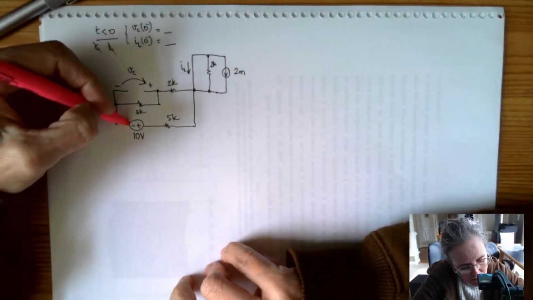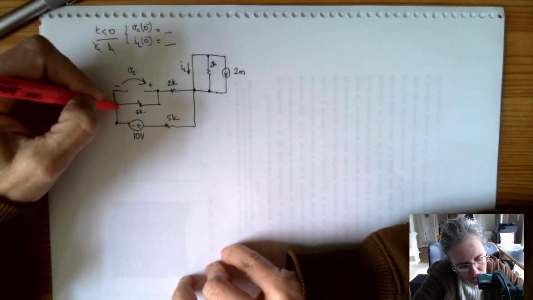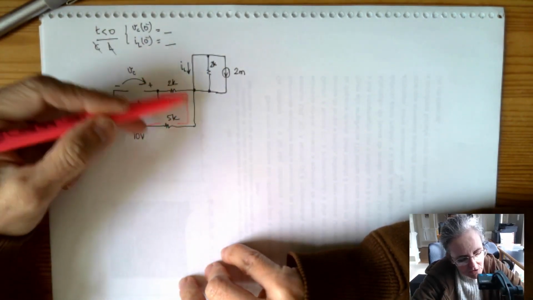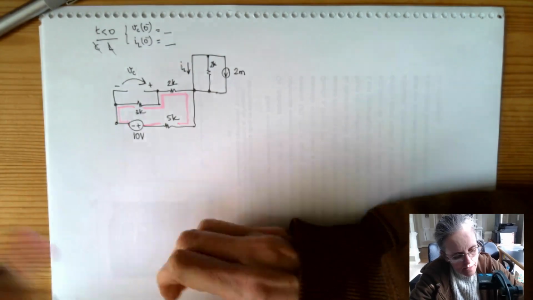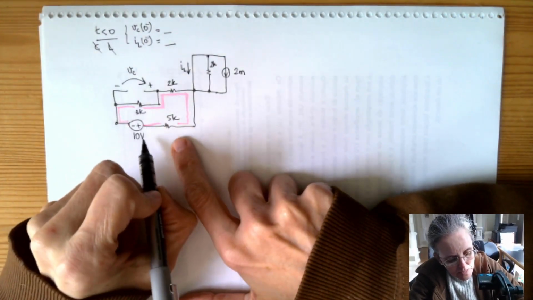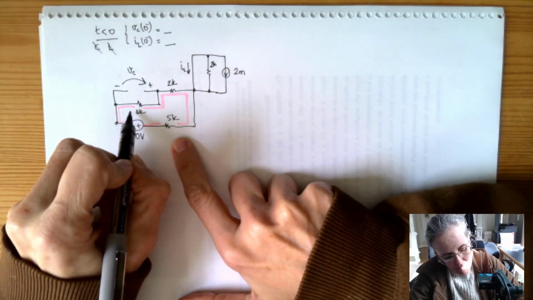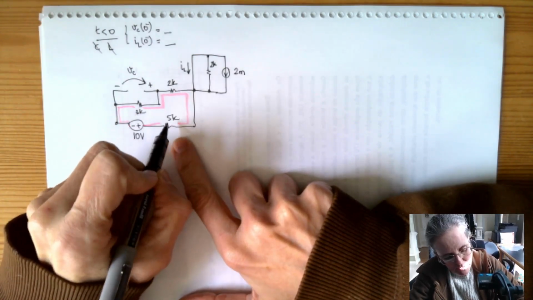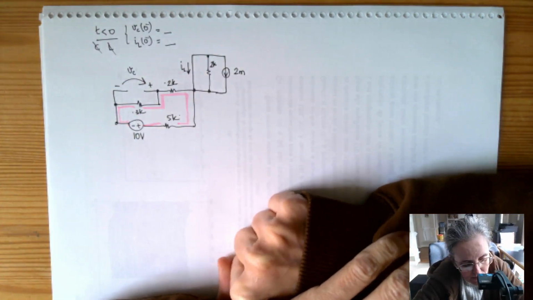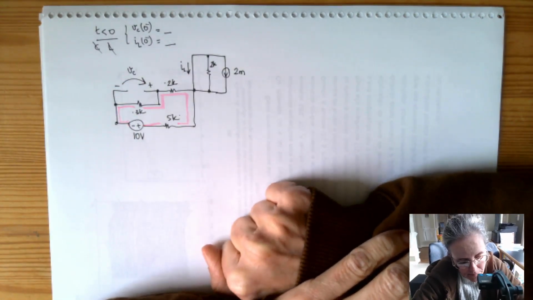I'm actually going to just draw this in pink. It's going through the 3K, 2K, and 5K. And I could do KVL and say, look, it's 10 volts minus whatever is here, whatever is here, whatever is here. But if you add up these 3, 2, and 5K, you see that it's 10K.